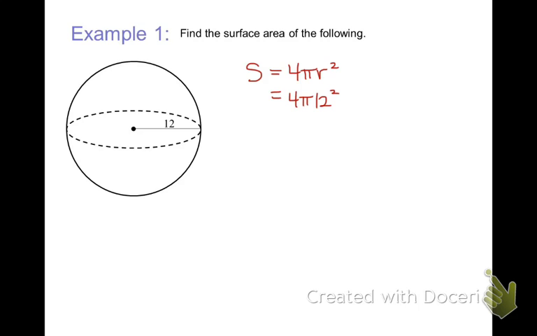So that will punch out to be 576 and then tack on a pi. And then that is my surface area. And I'm done. Any questions on that? All right. So that's as easy as it gets.